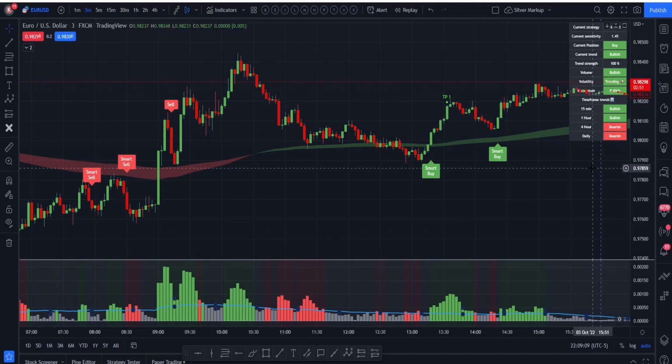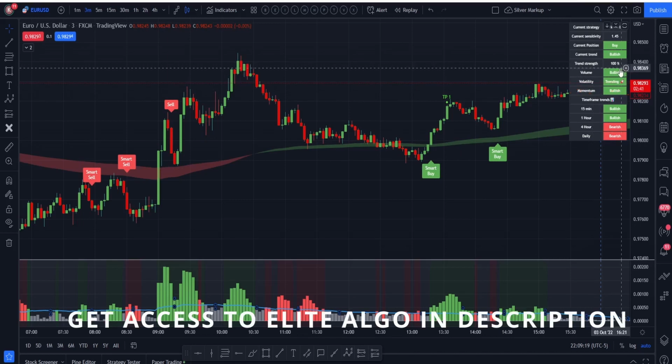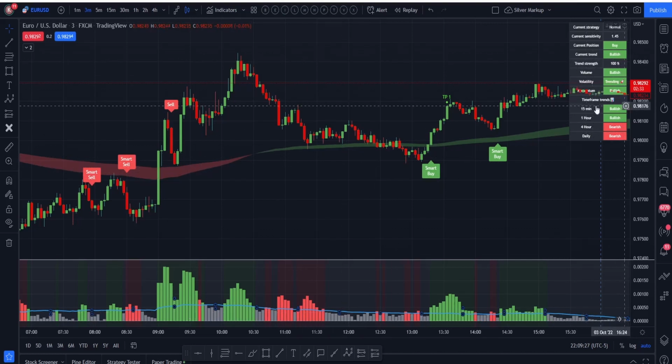So Euro US dollar at this moment has both a bullish trend. Another thing you want to pay attention to is trend strength. You want to have your trend strength at least above 60% to trade this. So trade it on a smaller time frame, make sure that the bigger time frame matches, and make sure that your trend strength matches.